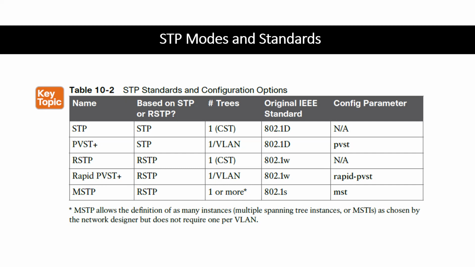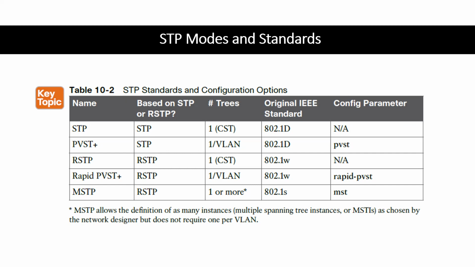Now we move over to RSTP. It's based on the RSTP standard, the IEEE standard being 802.1w. The regular RSTP has only one common spanning tree. Versus now we have an even more upgraded Rapid per-VLAN spanning tree plus.